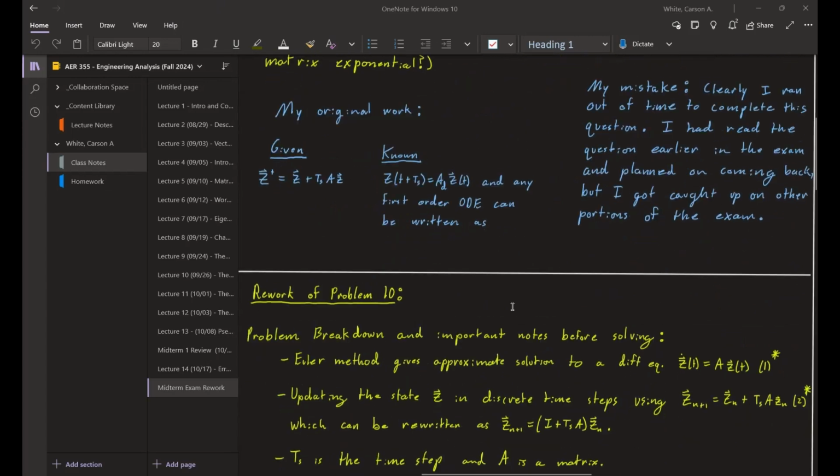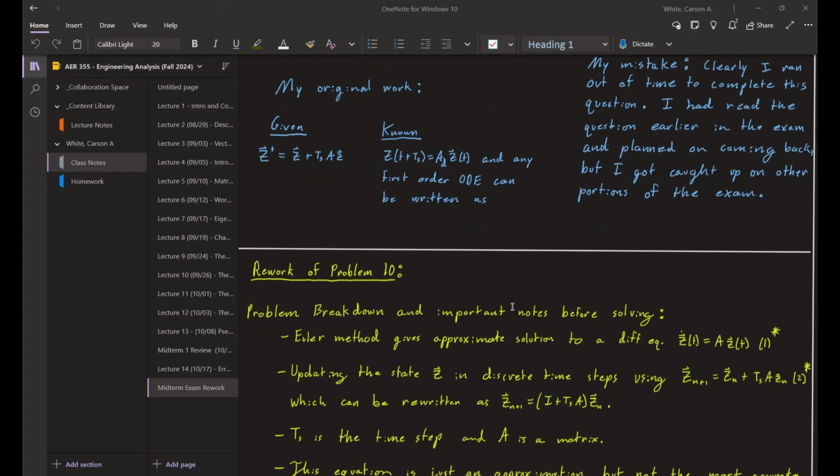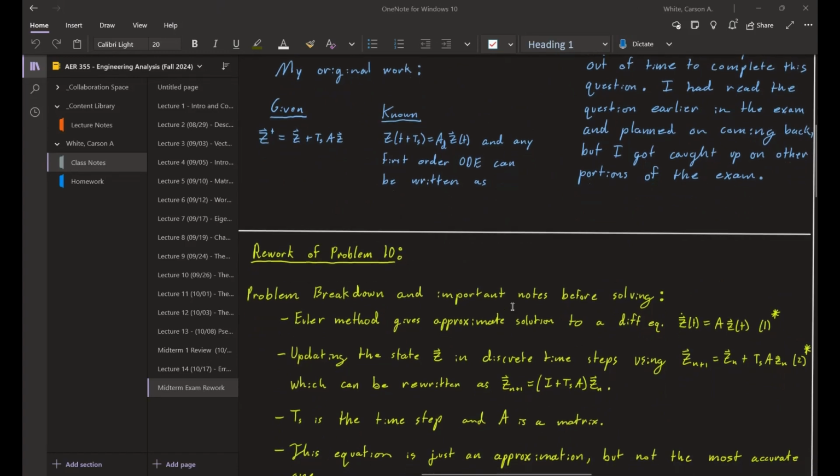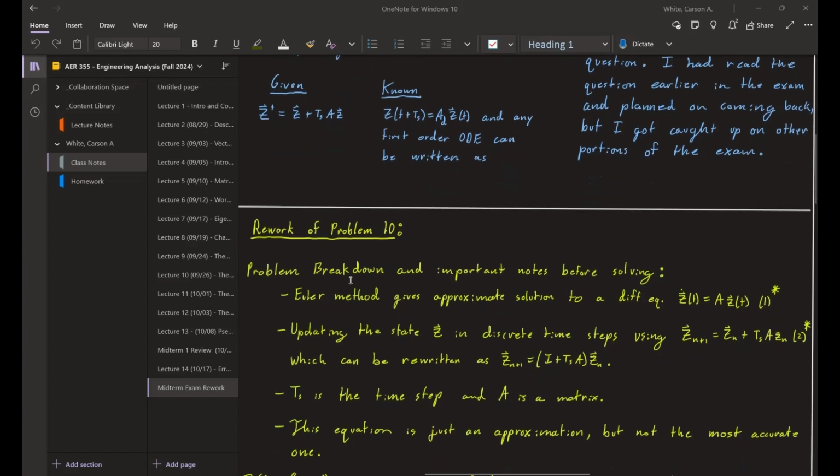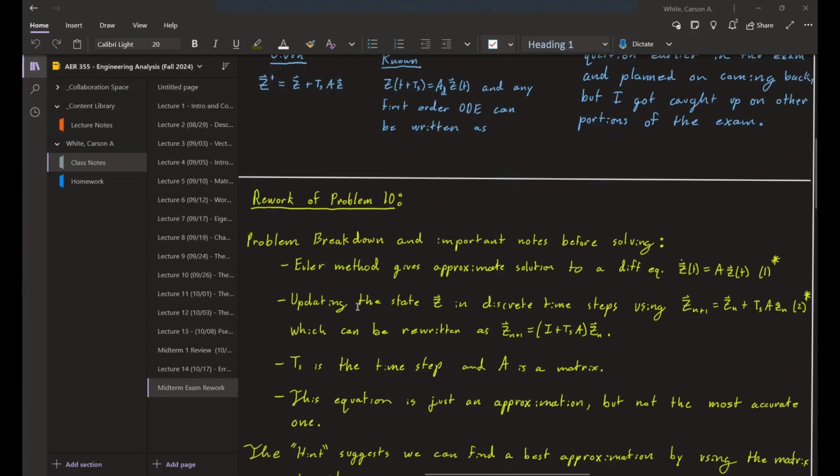First thing I'd like to do is break down the problem and some important notes before we attempt to solve this. The Euler method gives an approximate solution to a differential equation z dot of t equals A z(t), updating the state z in discrete time steps using equation number 2, which can be rewritten as z(n+1) equals I plus TS A times z(n).